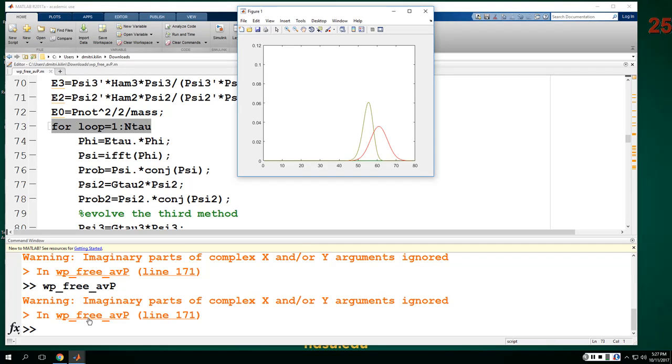So let's put a microscopic goal. Browse through the code and identify where this g tau is defined. We will be seeking for time increment, for imaginary unit, for Planck constant, for exponential, and for Hamiltonian.